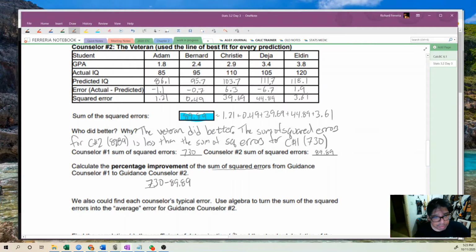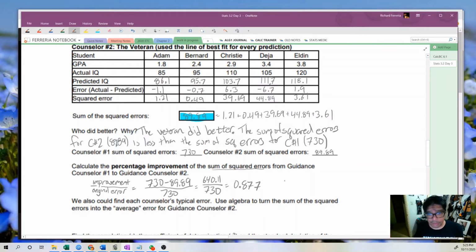So this is the improvement divided by the original. So it's improvement over original error. And the numbers I'm getting are 640.11 over 730. And when you divide that, you should get 0.877. That's an 87.7% improvement.